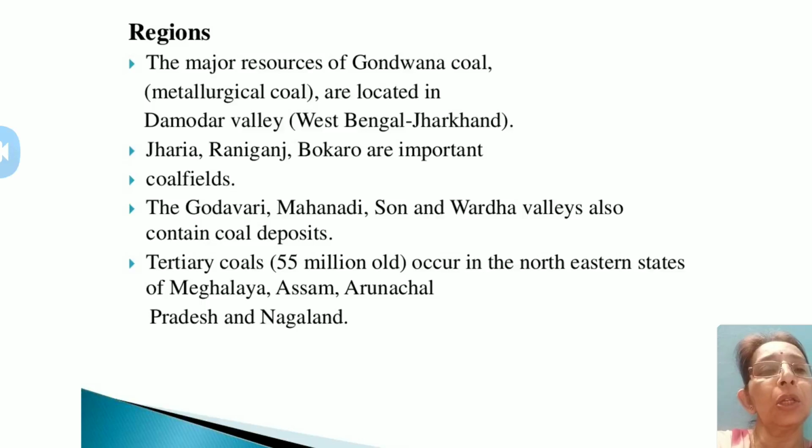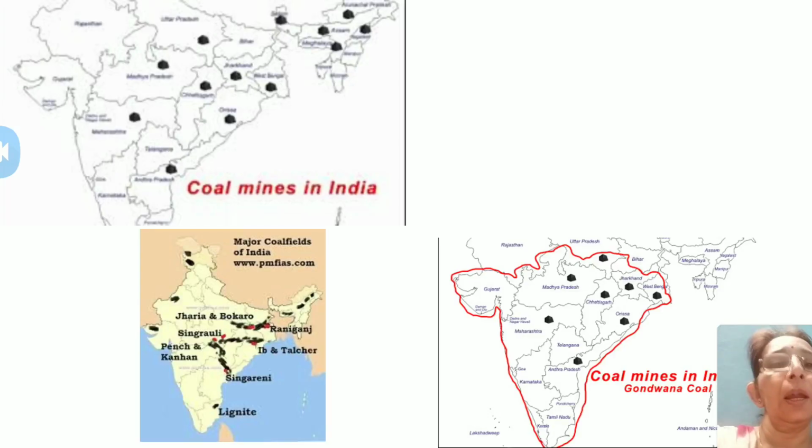Godavari, Mahanadi, Son, and Wardha valleys contain coal deposits. The second is tertiary coal. The regions are Meghalaya, Assam, Arunachal Pradesh and Nagaland. On the map I have shown you the places of important Gondwana mines and tertiary coal mines in India.